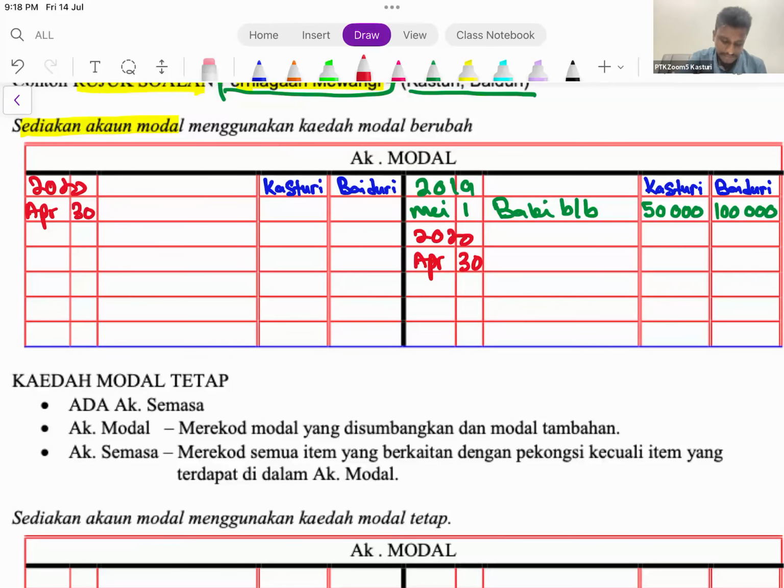Okay. So now kita akan masukkan semua item yang berkaitan dengan Kasturi dengan Baiduri dalam akaun modal. Kita first thing that I nak masukkan is ambilan. Ambilan will be debit side sebab dia mengurangkan. Apa-apa yang menambahkan will be credit side, apa-apa yang mengurangkan akaun modal adalah debit side. So ambilan, how much the ambilan?